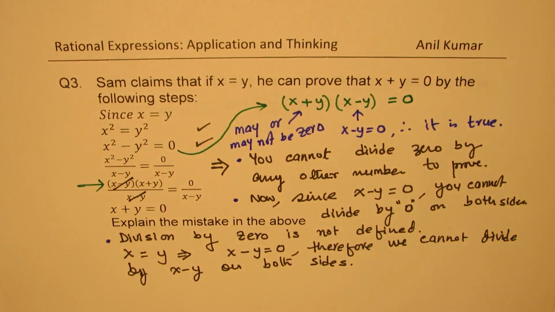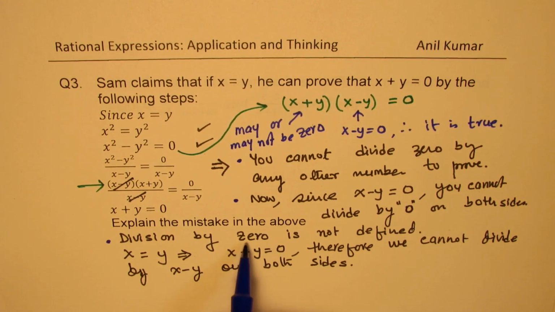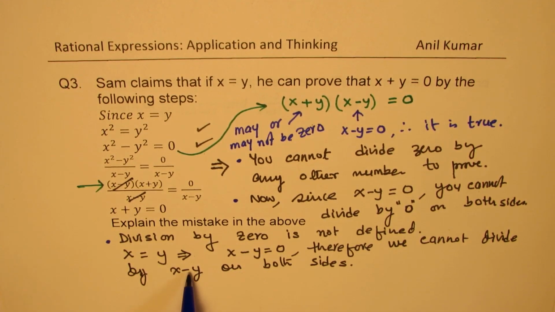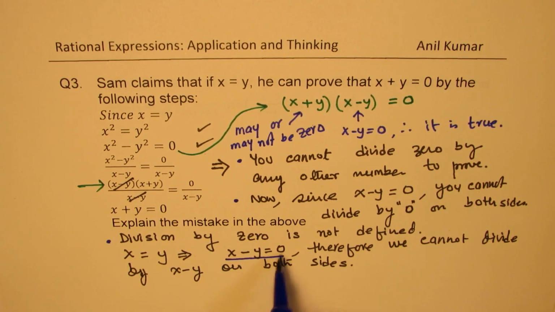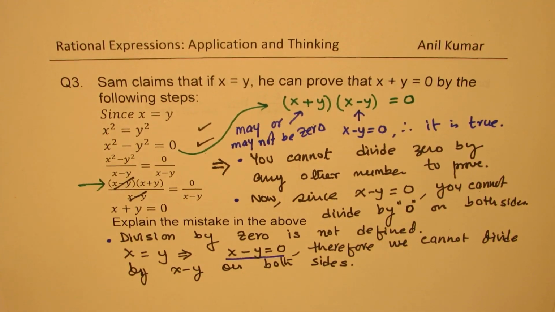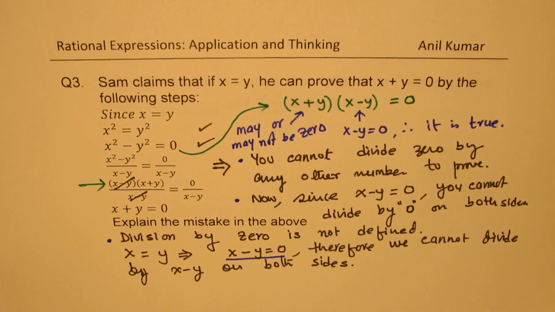Is that clear? Right. But you cannot divide by 0. This is very important. Division by 0 is not defined. x minus y is 0, right? You cannot divide by 0 on both sides. That is very important, correct?